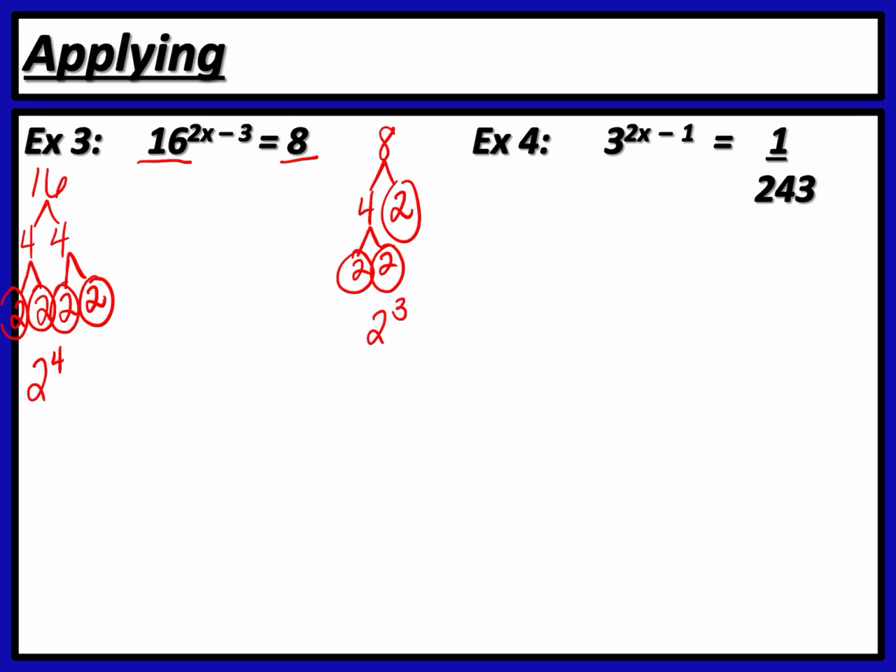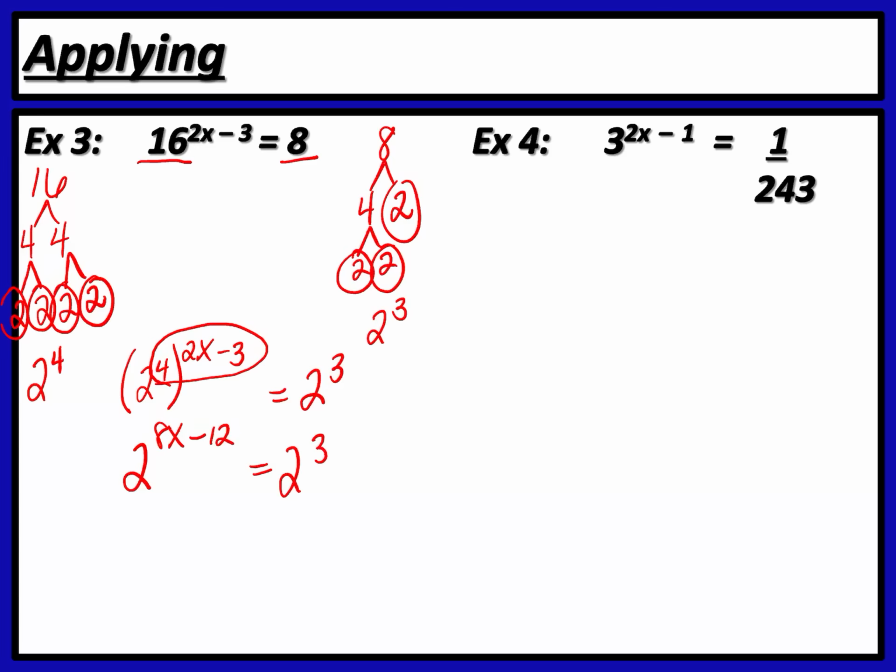So we'll replace each of those. So 16 is going to be replaced by a 2 to the 4th. But remember, the exponent stays the same. And then the only thing on the other side was the 8. So now all we have is a 2 to the 3rd. I'm going to simplify my power to a power, so I get 8x minus 12 and 2 to the 3rd.